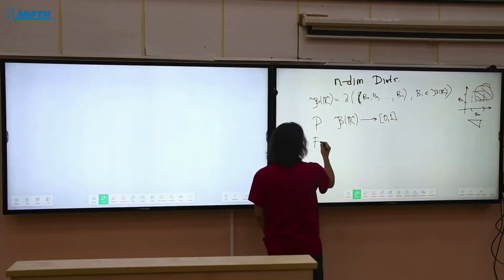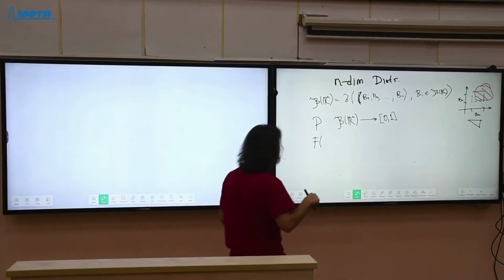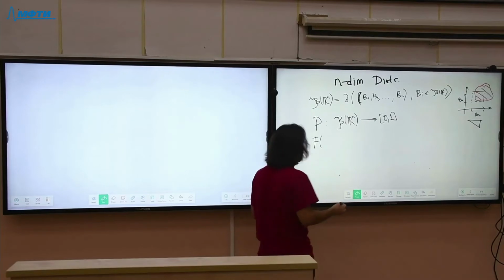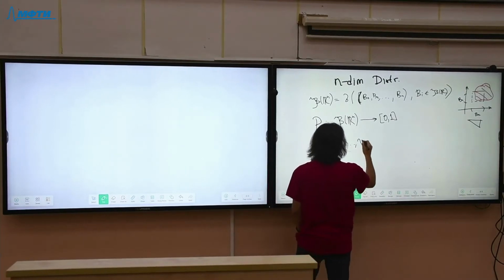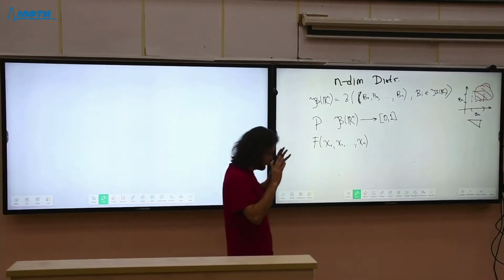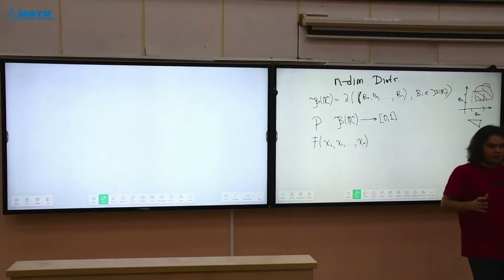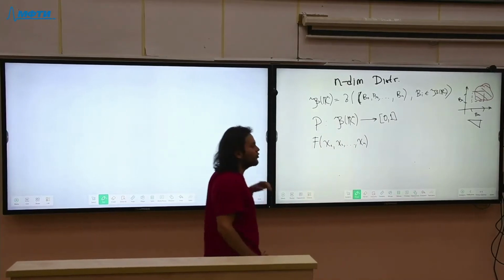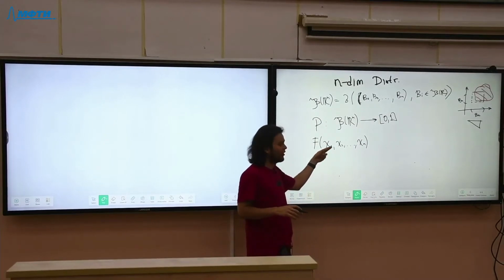So F, and before we had F of x, but since we are talking about space, we have x1, x2, ..., xn. And the meaning of this is that if we have n random variables, we want to know the probability that each of these random variables is less or equal than x.